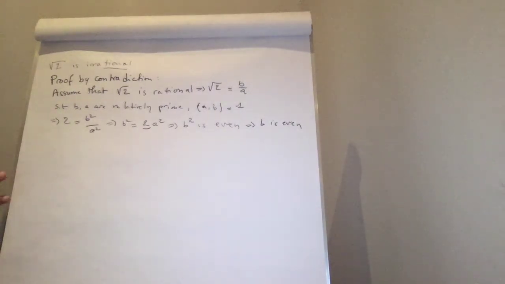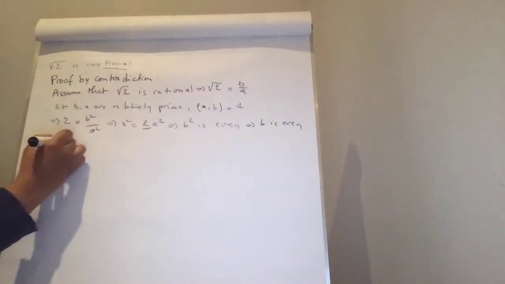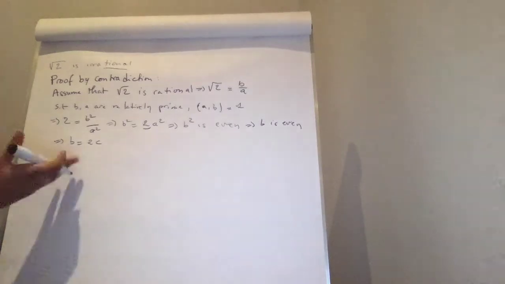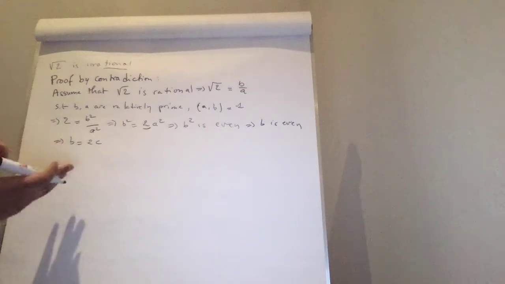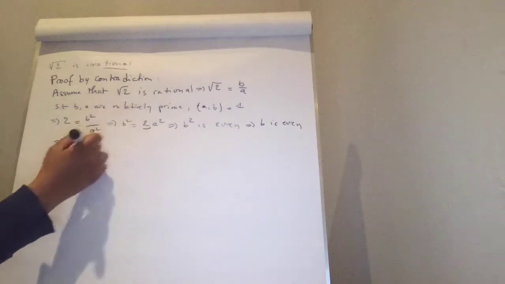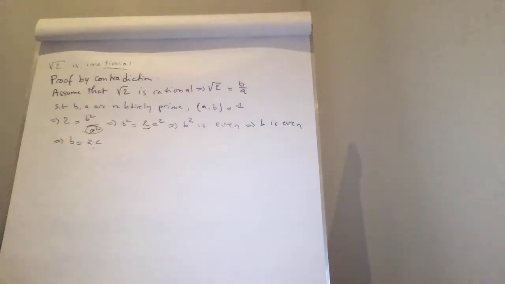And from there, since b is even, that means we can write it in the form of 2 multiplied by some number c. That's the definition of a number being even. So from this we can substitute this in this formula, so that we can get a formula for a squared.